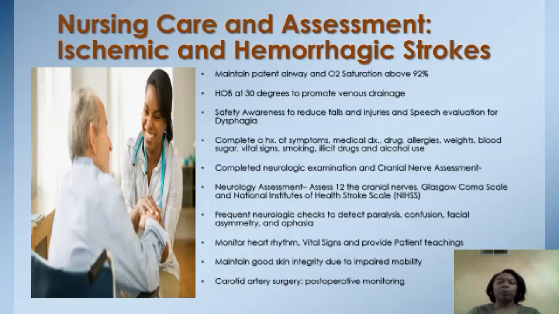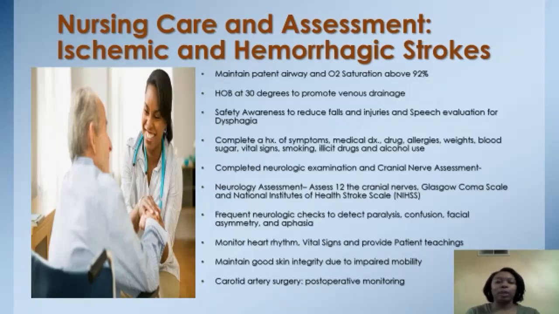The nurse will complete an assessment as well as a complete history on the patient, determining their medical history, any current medications they're taking, really looking for any blood thinners or antiplatelet drugs that could have contributed to the CVA, any allergies, their current weight.